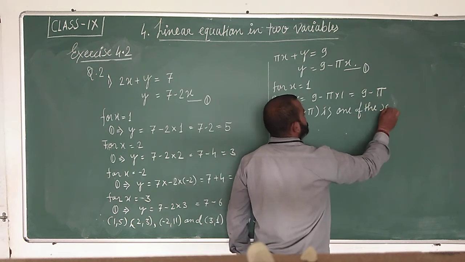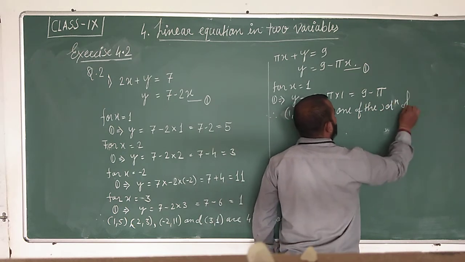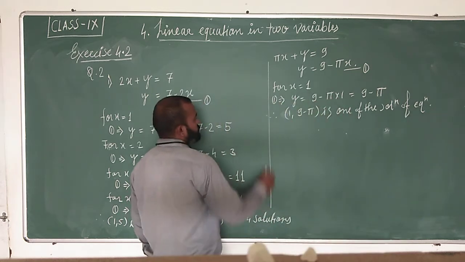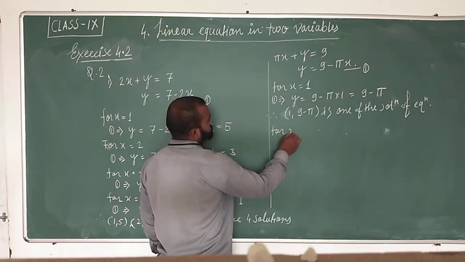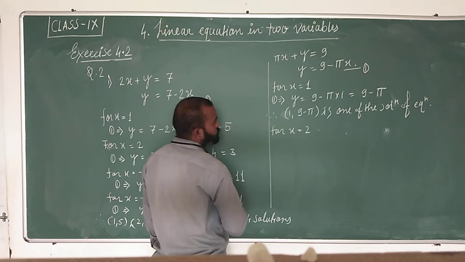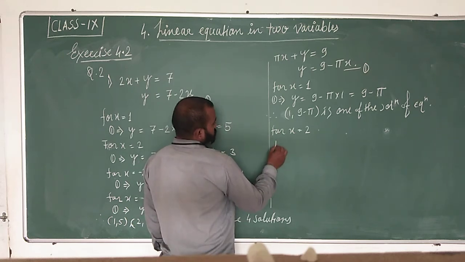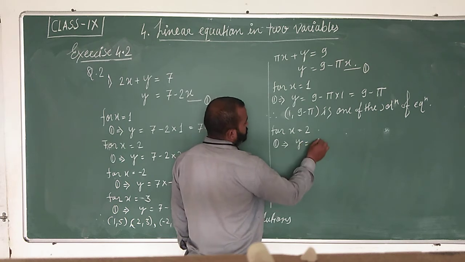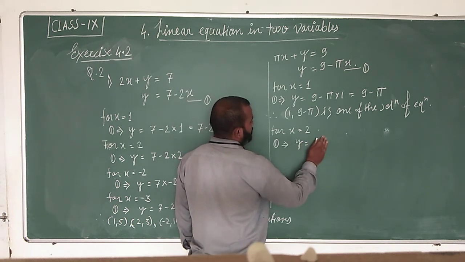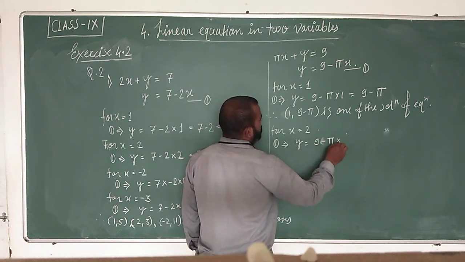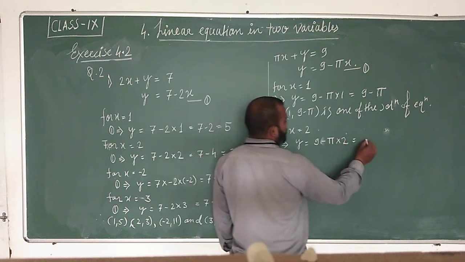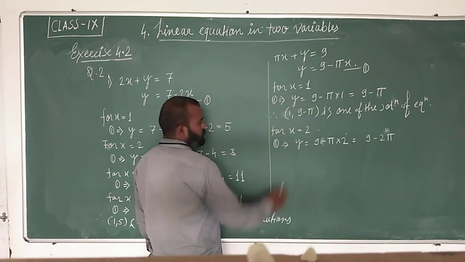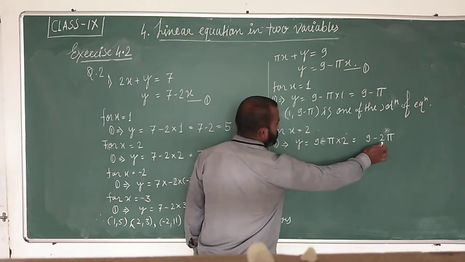of the given equation. Next, for x equals 2, equation 1 implies y equals 9 minus pi into 2, that is 2 pi. So it will be 9 minus 2 pi. So if you put 2, the other value of y is 9 minus 2 pi.